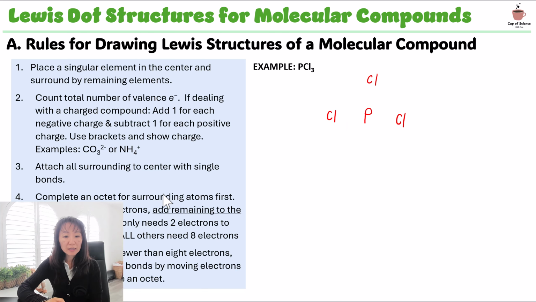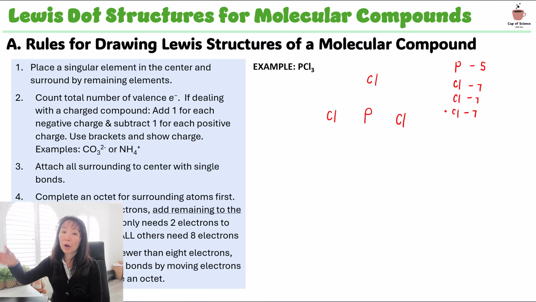Number 2, then it says count the total number of valence electrons. So I'm going to count the total number of valence electrons for phosphorus and chlorines. There's 1 phosphorus and 3 chlorines, and phosphorus has a valence electron count of 5, chlorine of 7. And that we can tell by the periodic table.